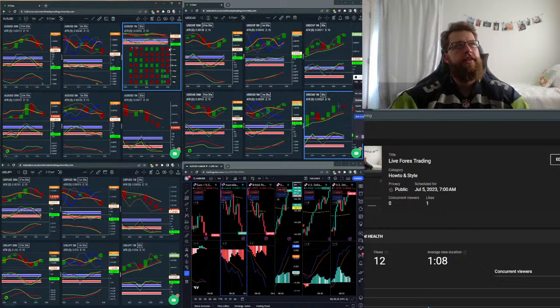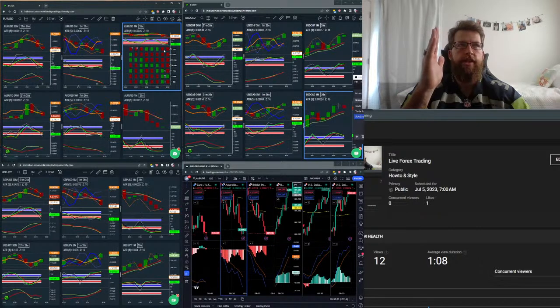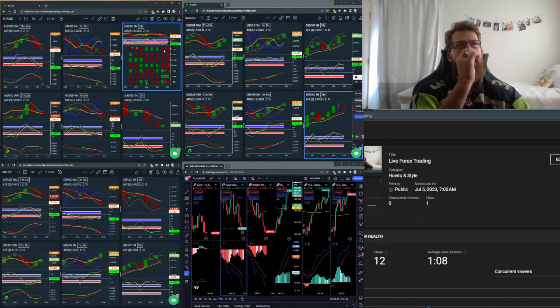This is going to update and move over to the left as it changes. A new box will appear. Everything will move over every minute on the 1 minute, every 5 minutes on the 5, and so on. And so you can see how long it's been trending like that on each of these time frames.